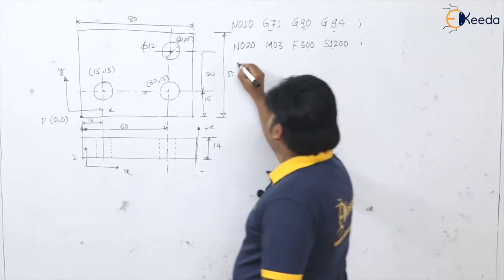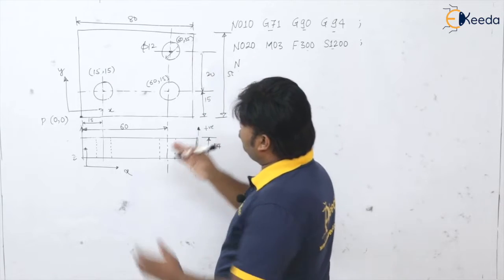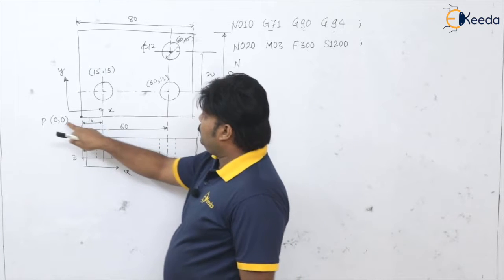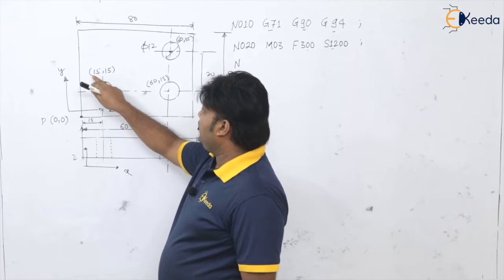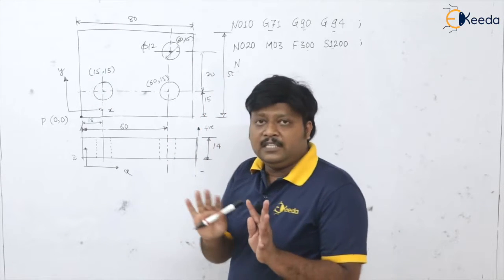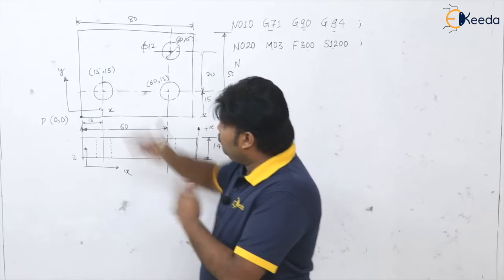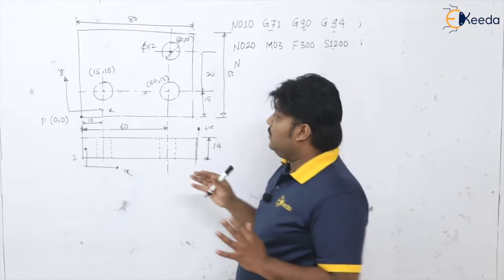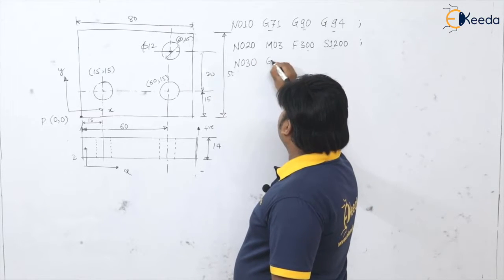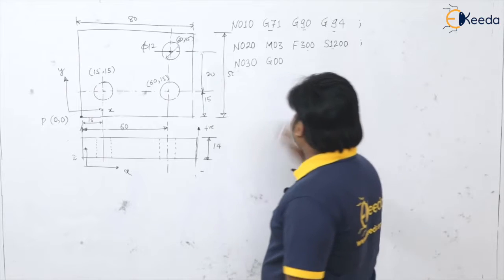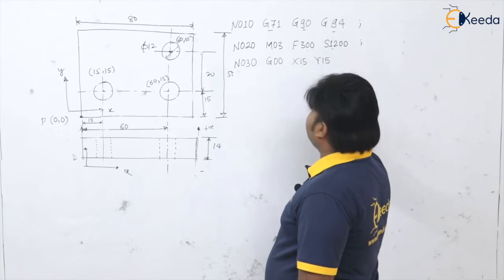Now I am going for the tool movement. From this point 00, I am going to position the drill at 15, 15. Still no drilling, only the movement of the tool, no machining, so definitely I am using the rapid traverse: G00, X15, Y15.